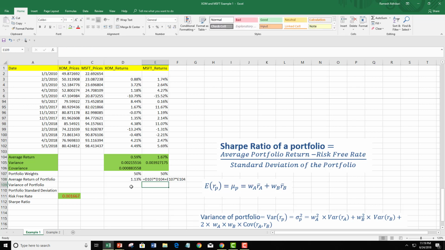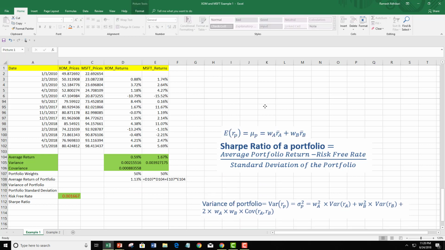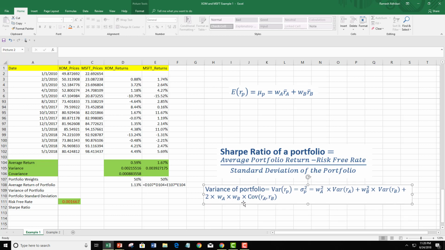Alright, so next we can compute the portfolio variance, because we need to compute the portfolio standard deviation, and remember, portfolio standard deviation is the square root of portfolio variance. So let's first compute the portfolio variance. In order to compute it, I am going to use this formula here.